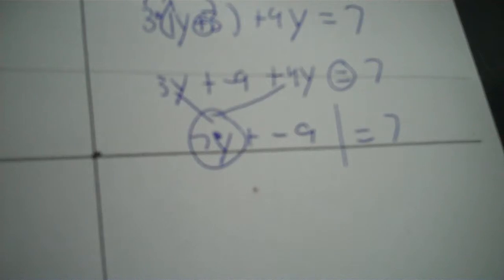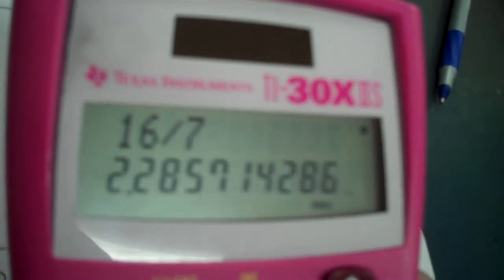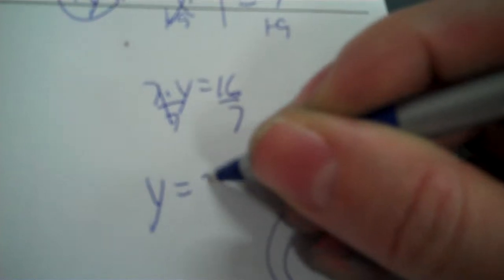It has a negative 9 added to it, so we add 9, that's 16. Then we divide by 7, and I get a pretty sloppy looking answer here. So I go second, PRB equals 2 and 2 sevenths, so y is equal to 2 and 2 over 7.